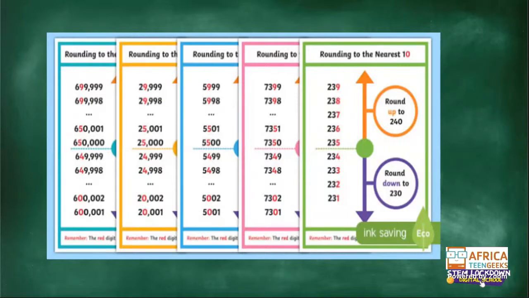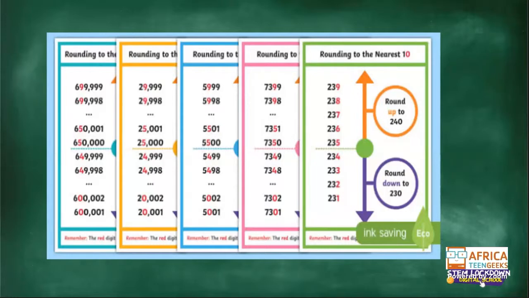Okay, so we will round up to 240, starting from 235 right up to 239. We will round up to 240 because we are rounding off to the nearest 10, right? And from 234, 233, 232, 231, we round down.